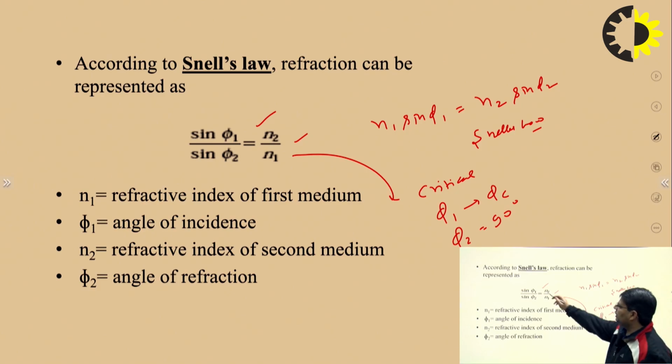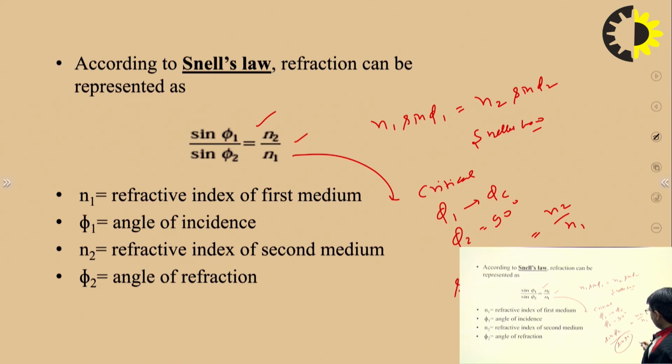So here we can apply sine of phi c divided by sine 90 equal to n2 by n1. We know that sine 90 equal to 1, so sine of phi c equal to n2 by n1. From here we can calculate the critical angle as phi c equal to sine inverse of n2 by n1.